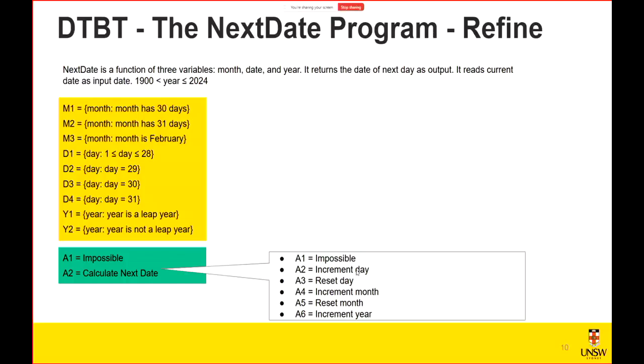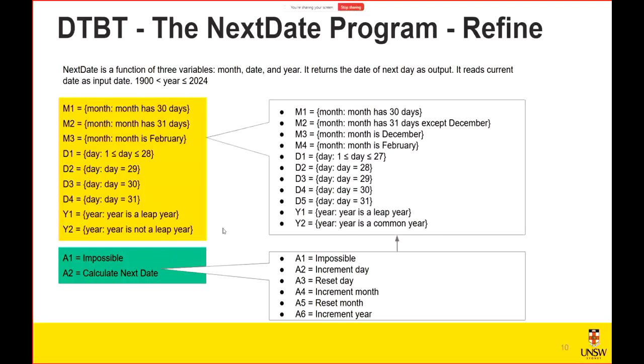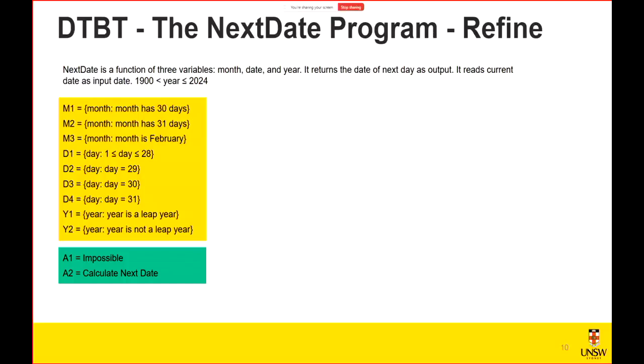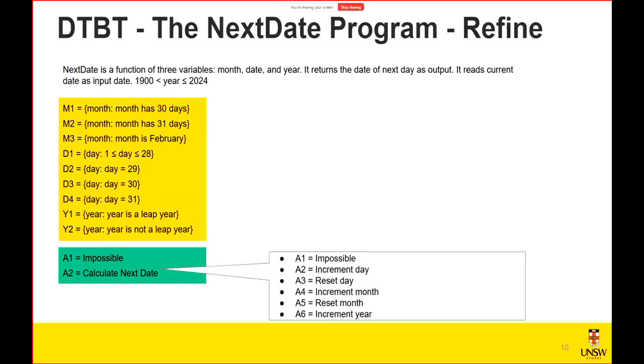And with only 2 actions, we are already having 2 to the power of 8 test cases or rules.